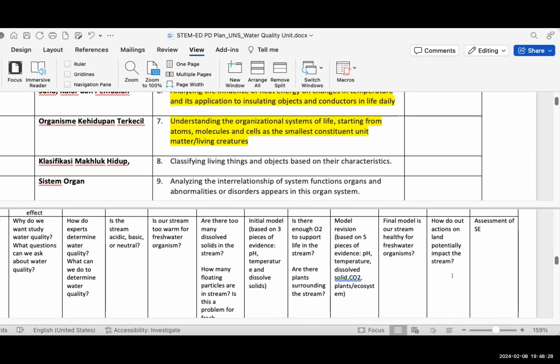Or maybe we can introduce them to the innovation of water purification, and then they will design further improvements based on the water purification tools. So there might be different parts to their article or poster or video. Yeah, but I think that will take more time.